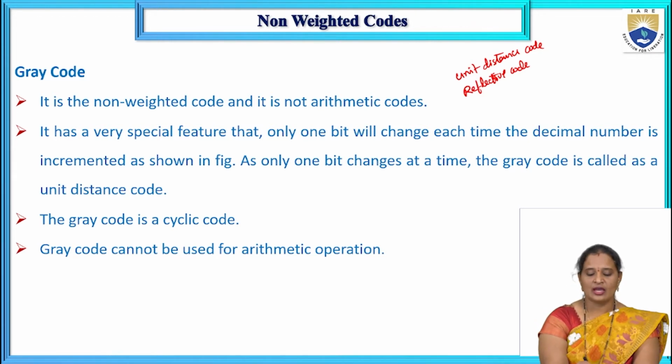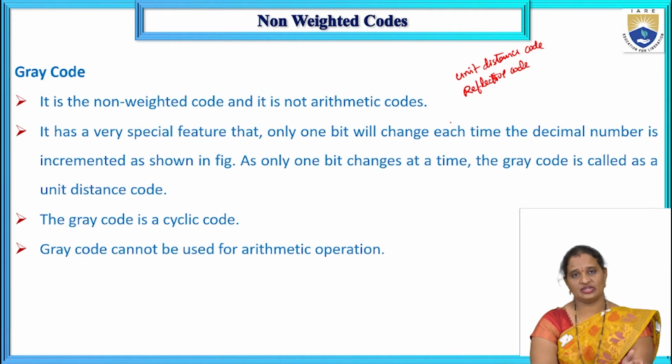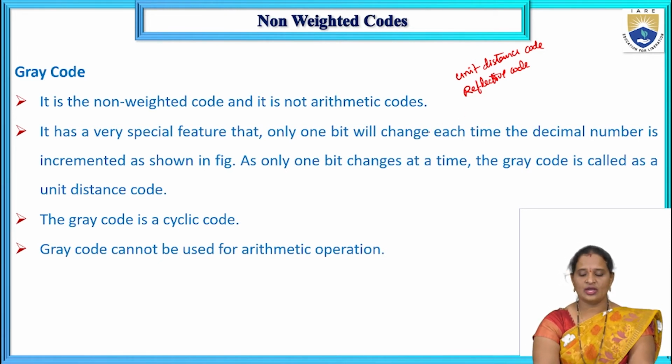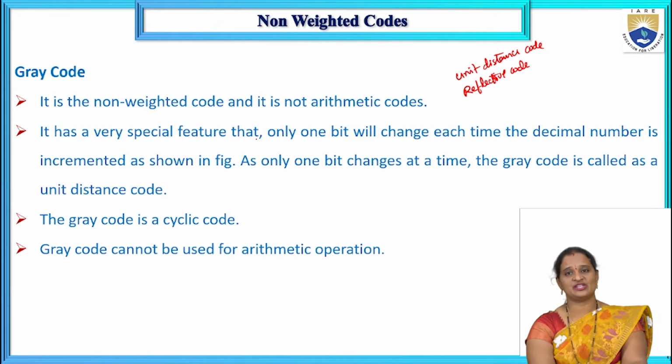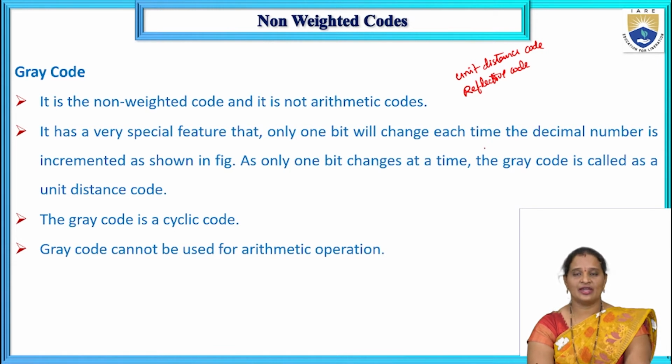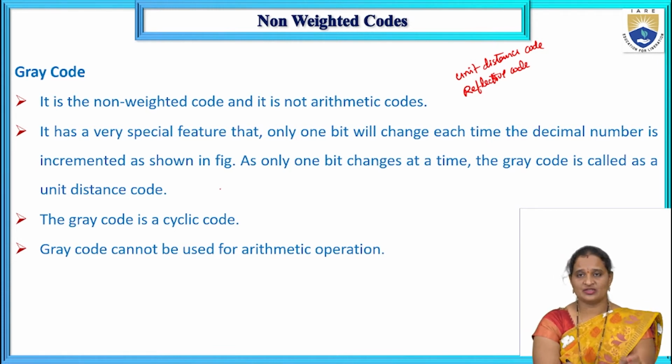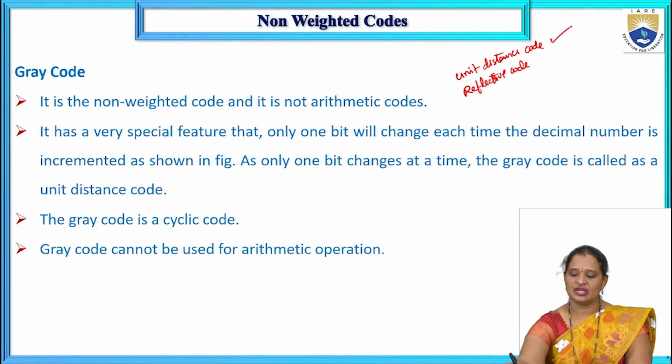So this is the major example of a non-weighted code. It is also called unit distance code and reflective code. It has a very special feature: only one bit changes each time the decimal number is incremented by 1. In another way, each and every consecutive gray code differs by only one bit position, and hence it is called unit distance code.